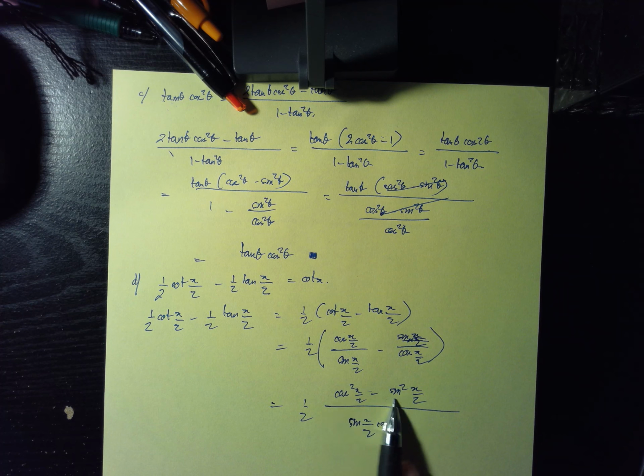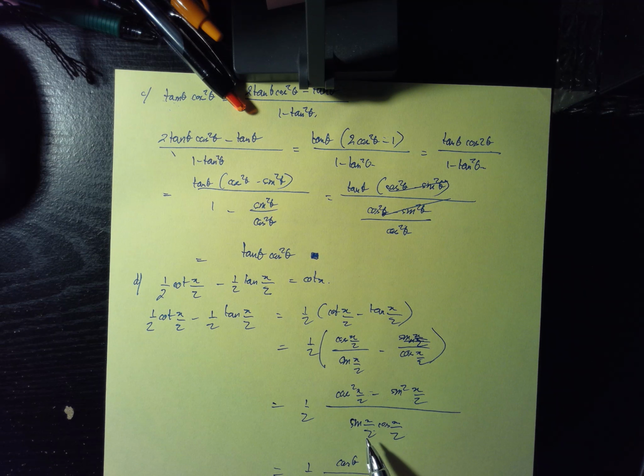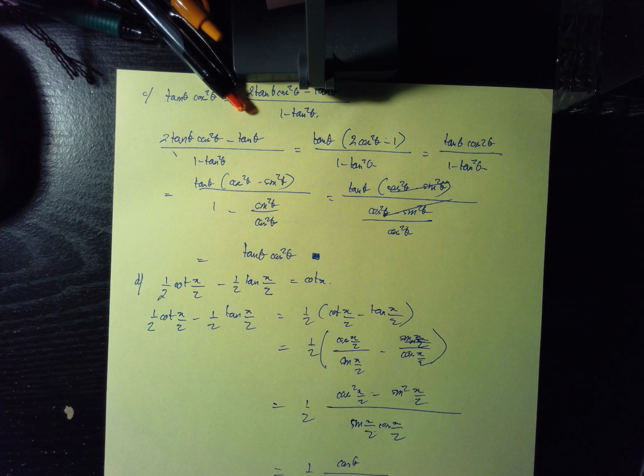And this is a half angle of cosine 2 theta. So this gives you cosine x only, right? And it's a half angle of sine 2 theta, sine 2x. So it gives you sine x over 2.